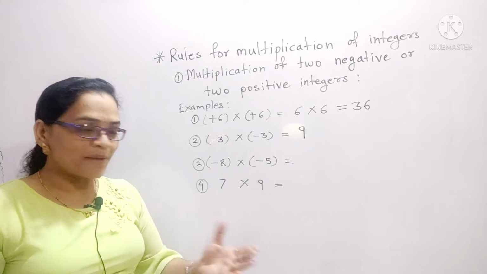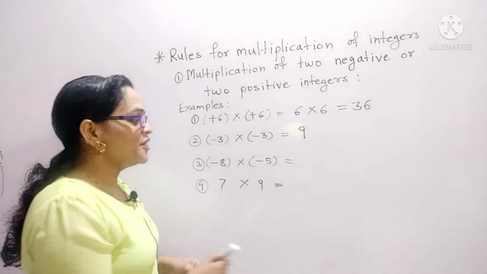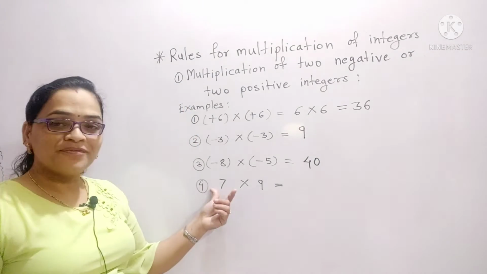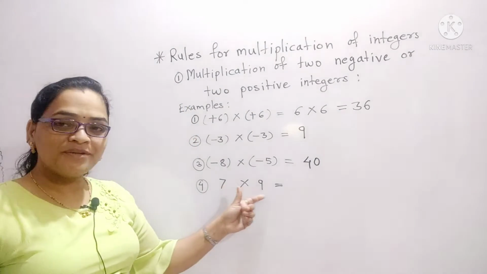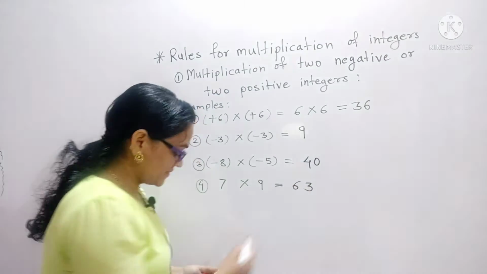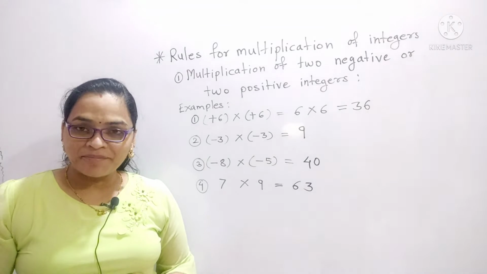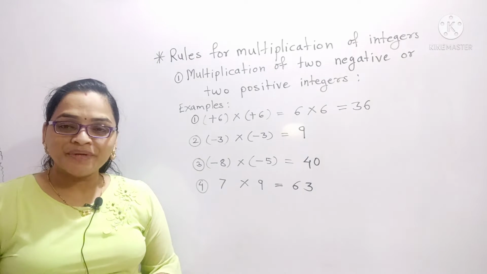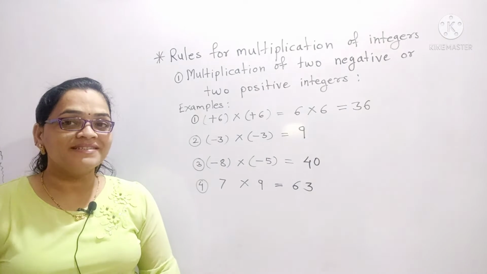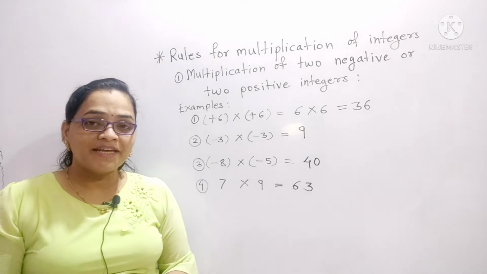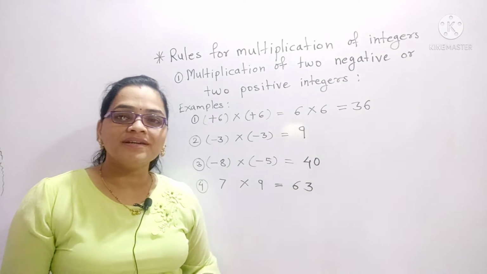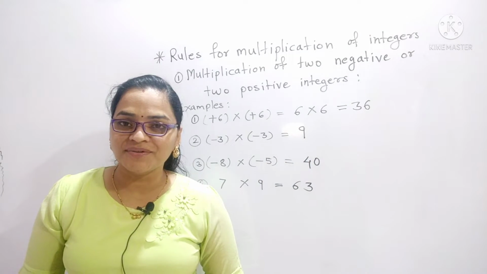Find the product of absolute values, means 8 5s are 40. And next, fourth example, see, 7 into 9, 7 9s are 63. Okay. Remember, when two integers have the same sign, that time the product will get which sign? Plus sign, it is a positive integer only.